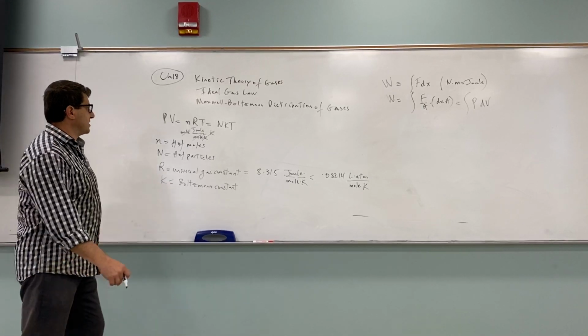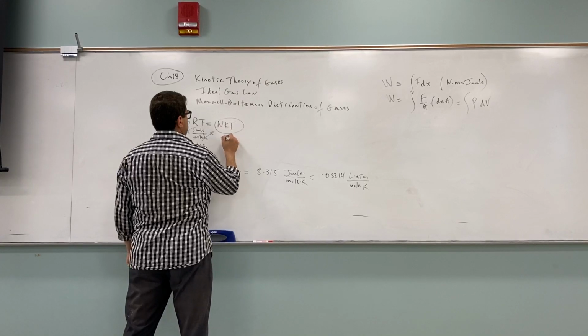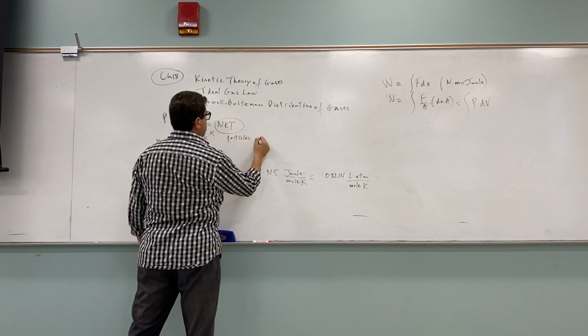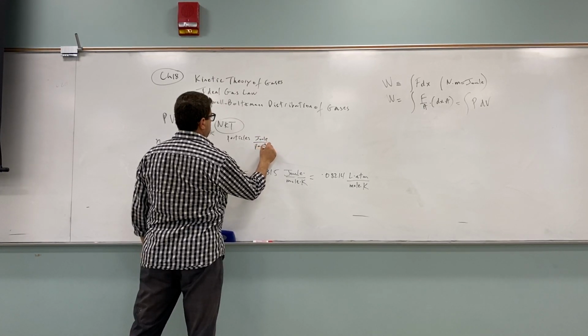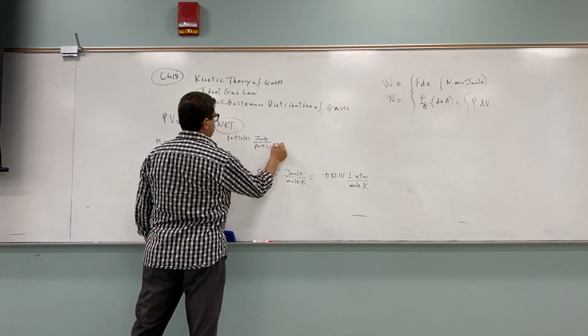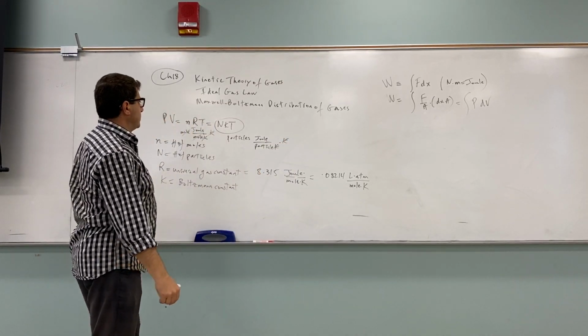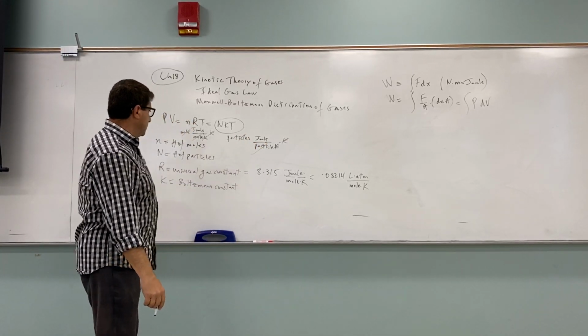What is the Boltzmann constant? This one should also have units of joules. So if this is particles, this one should be units of joule per particle Kelvin. That's pretty much the only difference. Then the particle cancels and you're left with k.